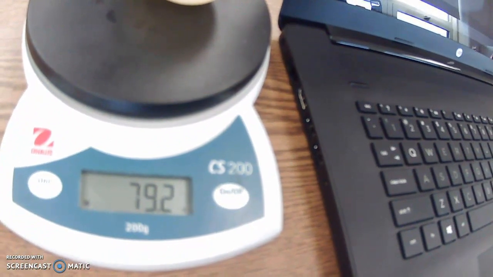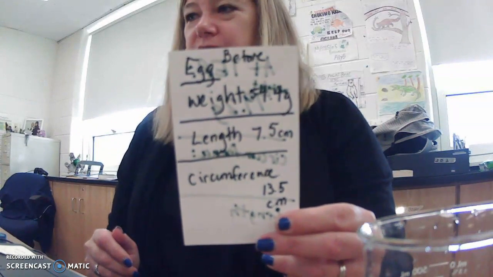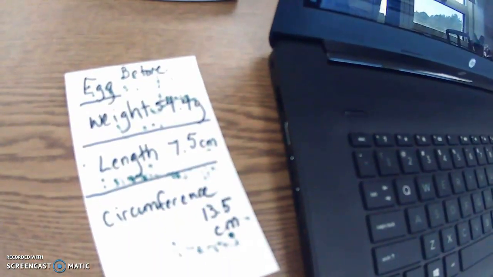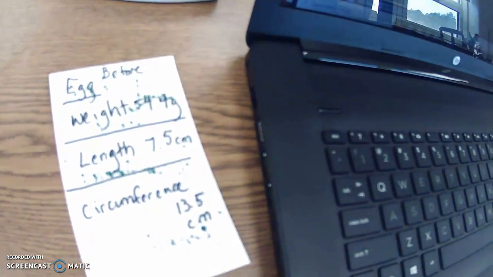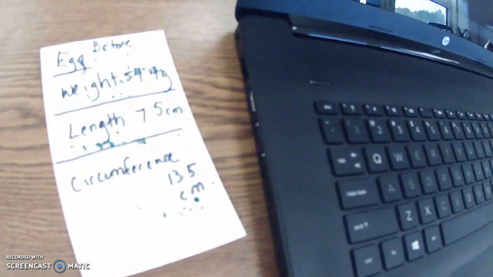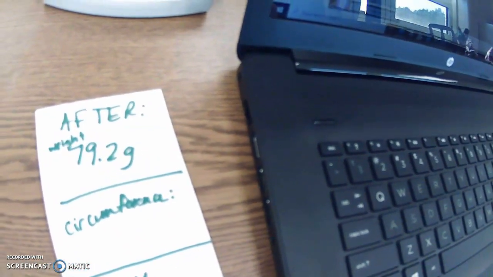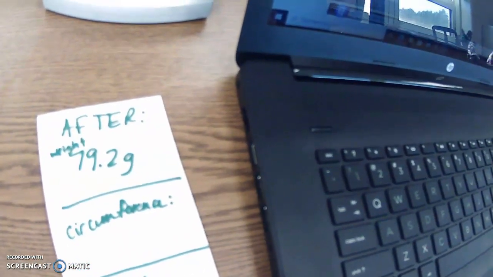The egg now weighs 79.2. So recall before, the weight was 54.4, the length was 7.5, the circumference was 13.5. So now it grew. It's 79.2 grams.